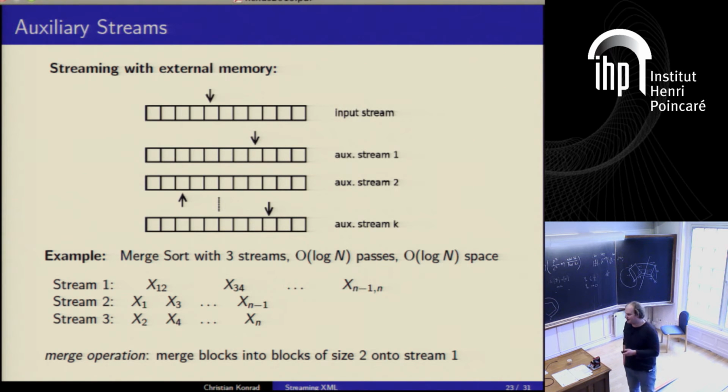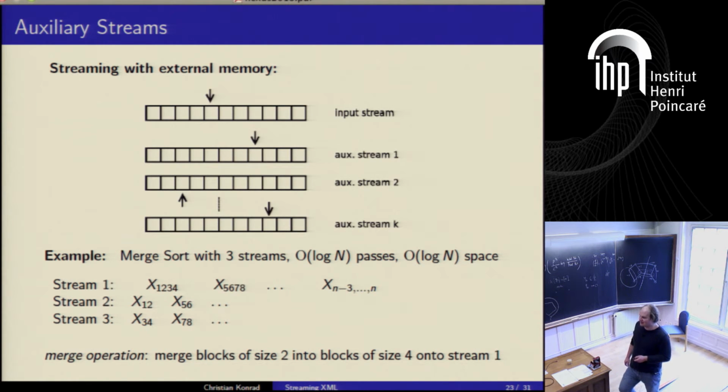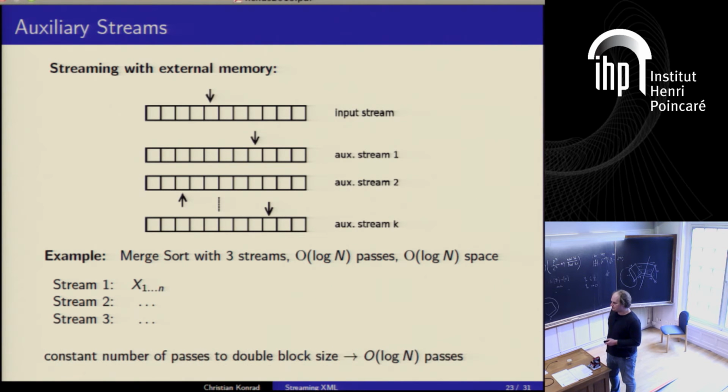And you just continue like that. So you basically copy them on the streams 2, 3, and then you merge them together in passes. And every time, essentially, simply the size of a block doubles. So you need only log n passes. So, right, we will use some similar ideas like this for, in fact, solving the validity problem.